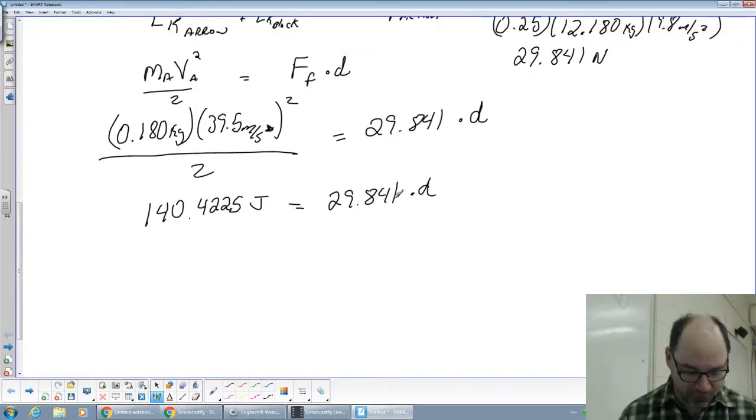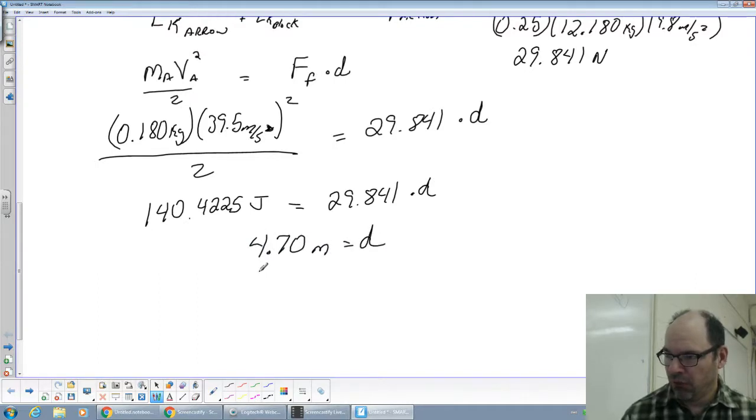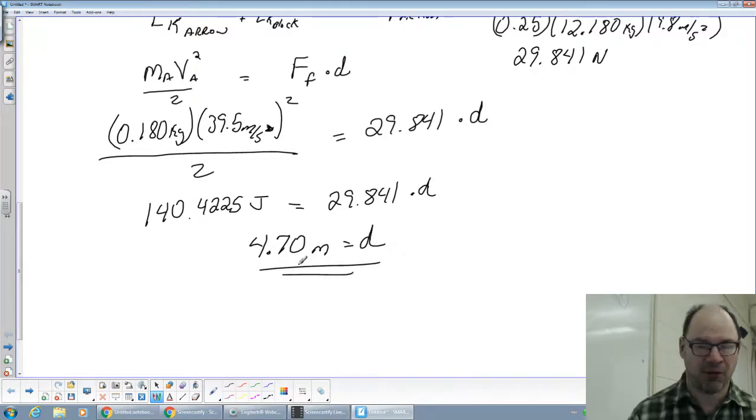So divide by 29.841. Okay, and we get 4.70 for d, meters. So that's how far the friction force would take to stop that block.